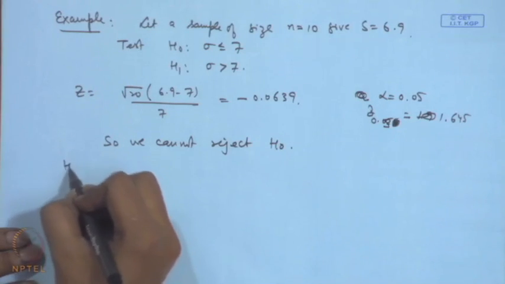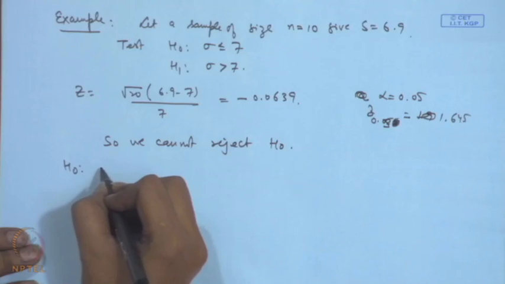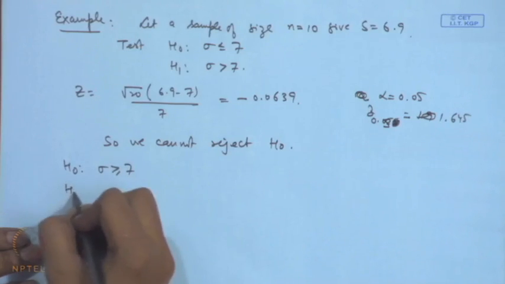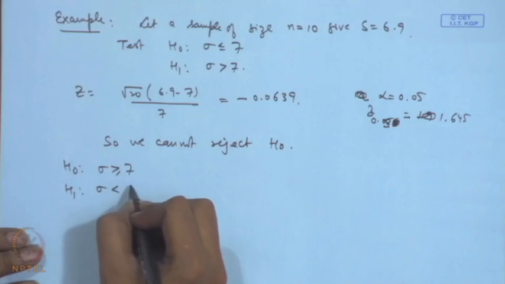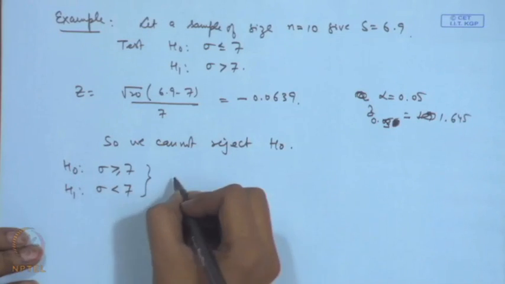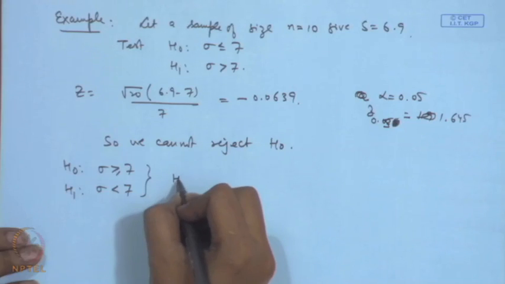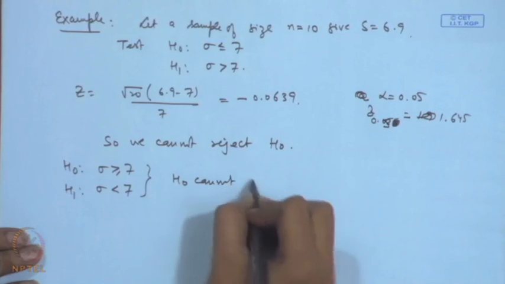If we consider, say, the reverse of this, say H naught: sigma greater than or equal to 7 against H 1: sigma less than 7, in that case again H naught cannot be rejected.